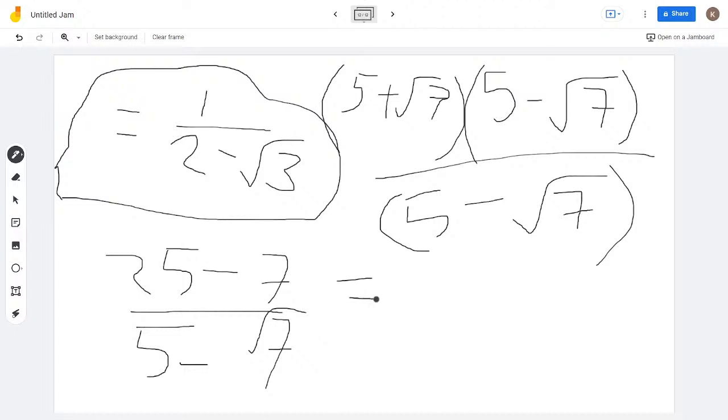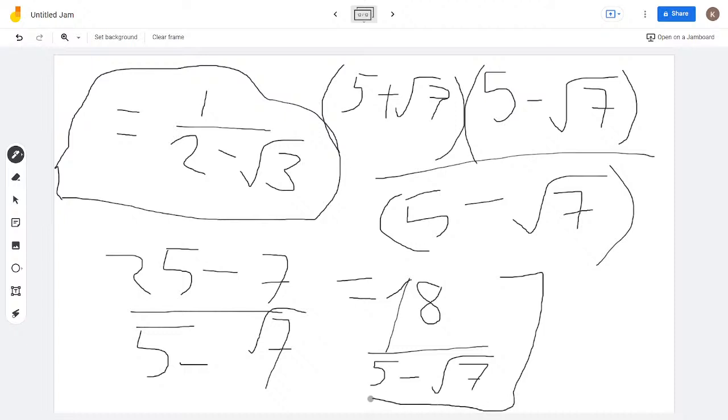And it is equal to the answer, and it is called rationalizing.